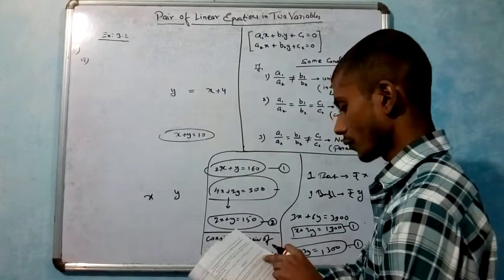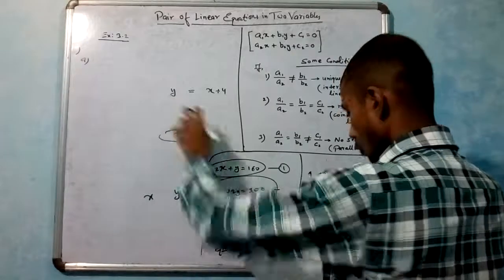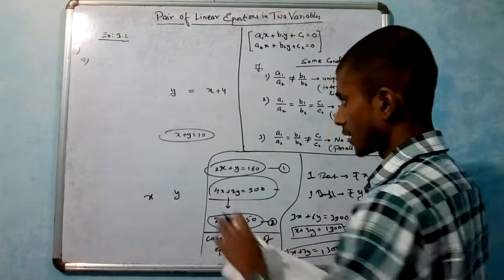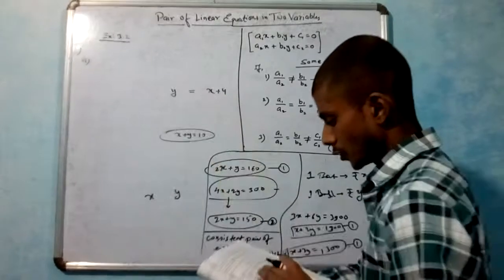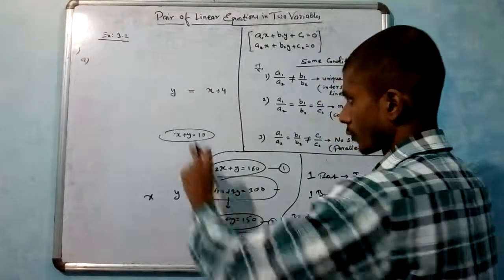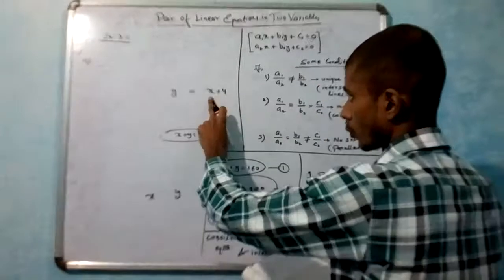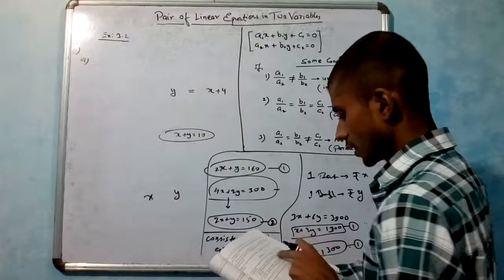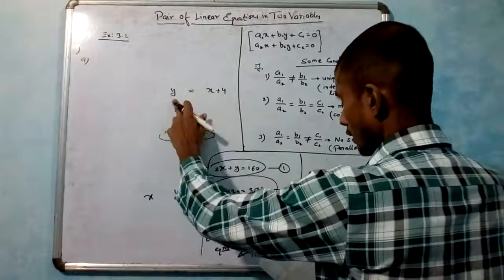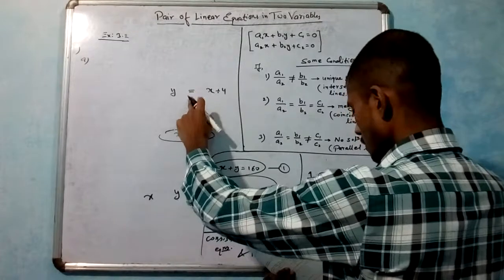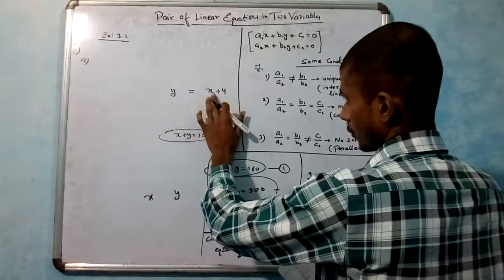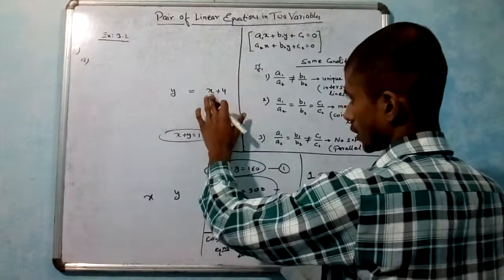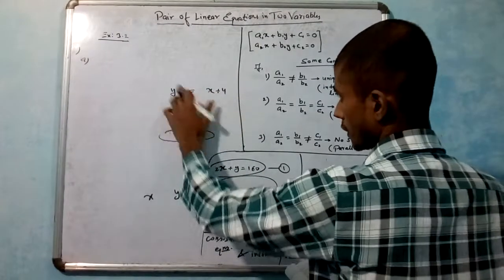It started from the number of girls, so I wrote the number of girls. After reading the statement, I got an idea that the number of girls and the number of boys are being related here. As it started from the number of girls, I wrote it here, and the number of boys here. Then it is telling that the number of girls, y, is equal to 4 more than the number of boys. So we just equate it.